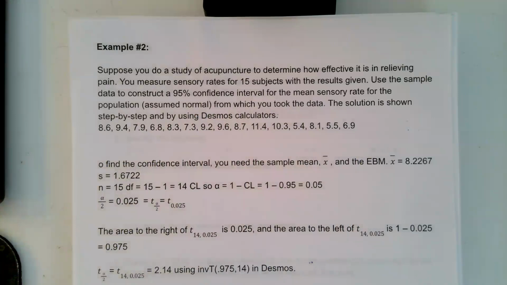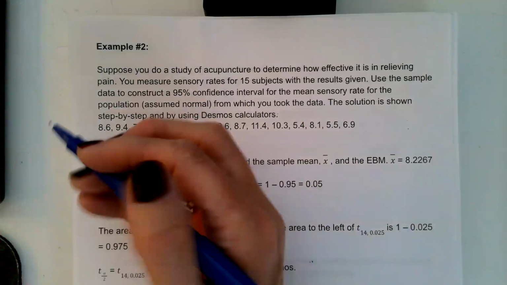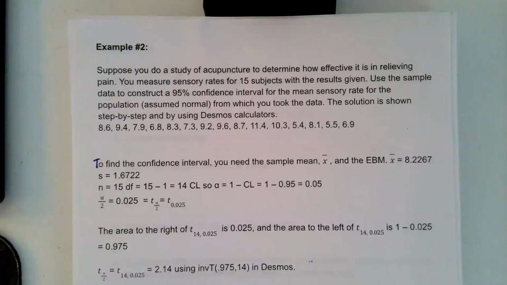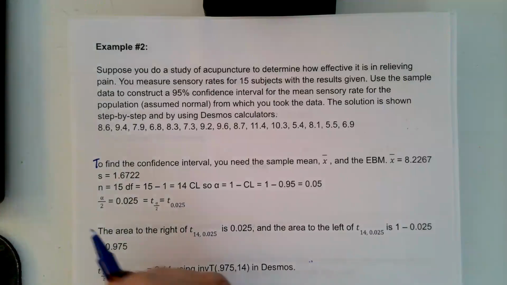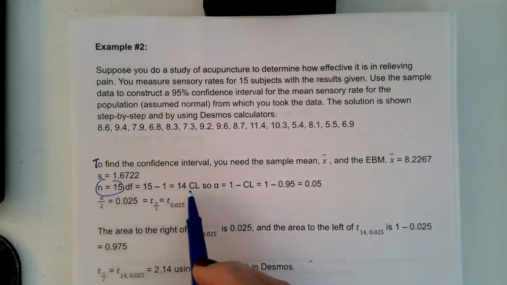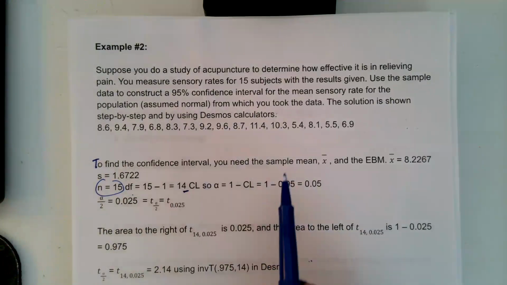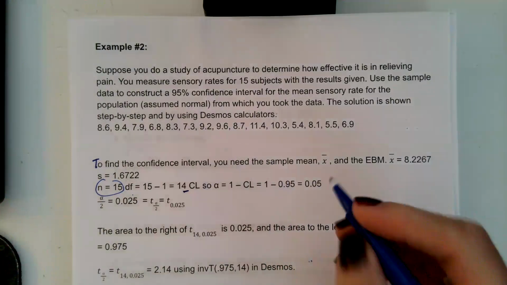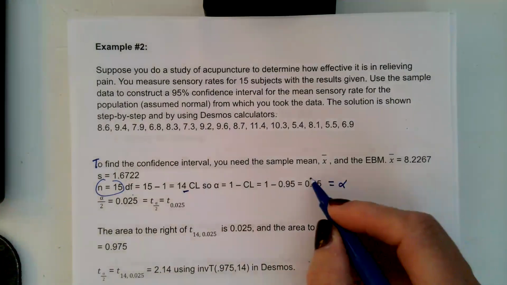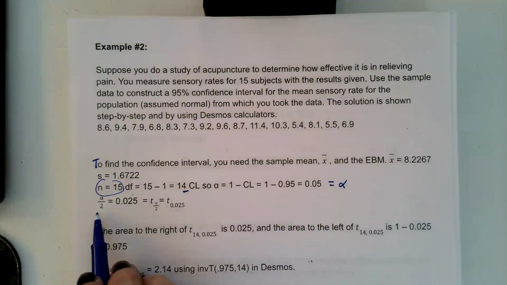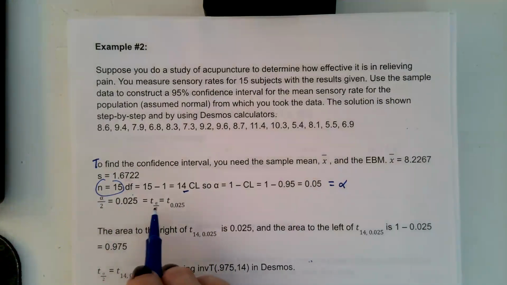And so when I did that, we find that our N is 15. That's right here. So our degrees of freedom is 14. My confidence level is 95%. So 1 minus that, alpha, is 0.05. So my alpha divided by 2 is 0.025.